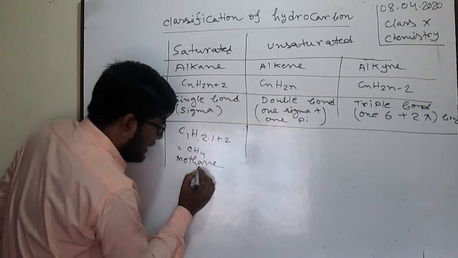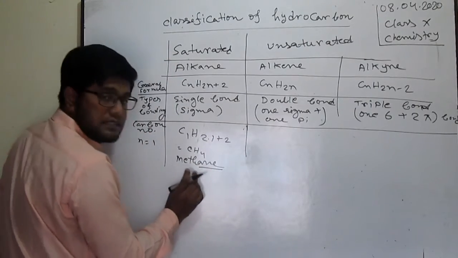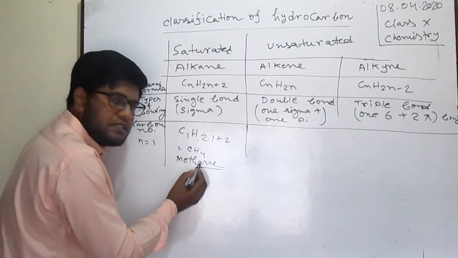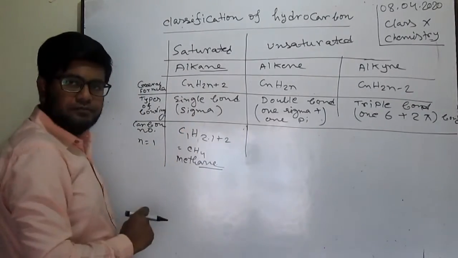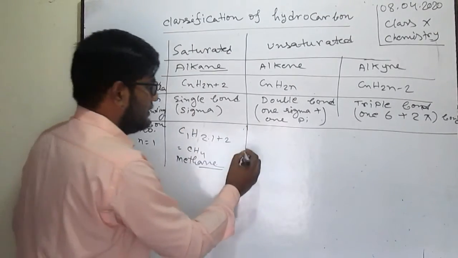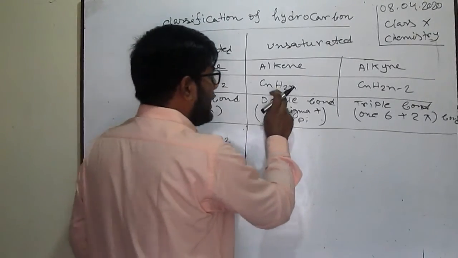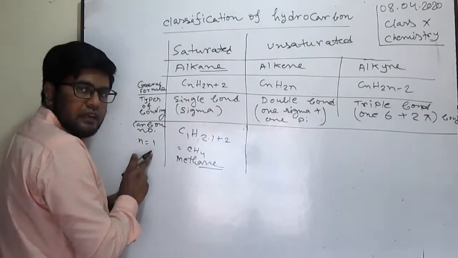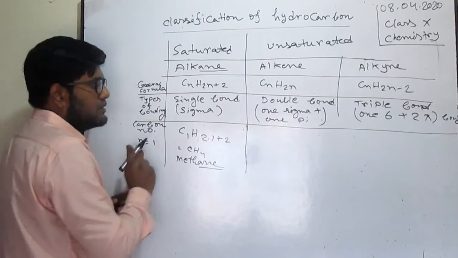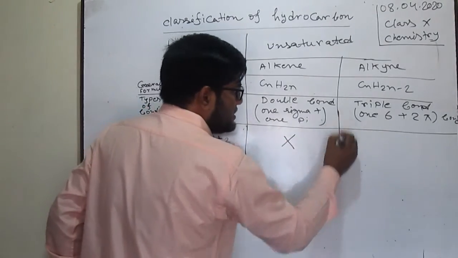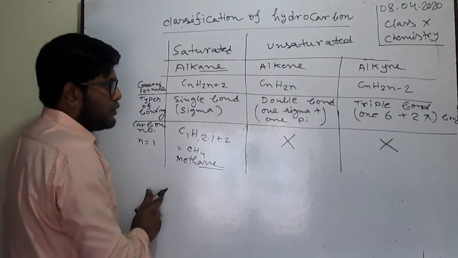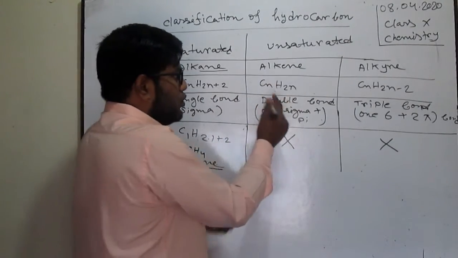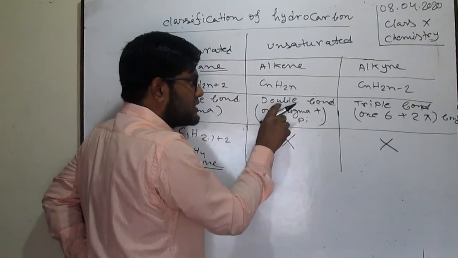The last three letters are ANE. Listen, there is no alkene or alkyne for carbon number 1, because to make alkene we have to use a double bond.